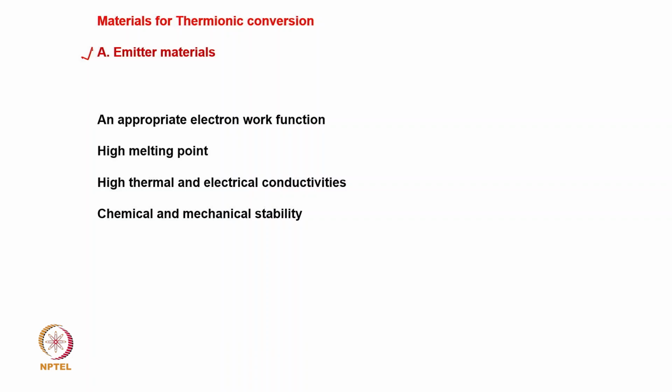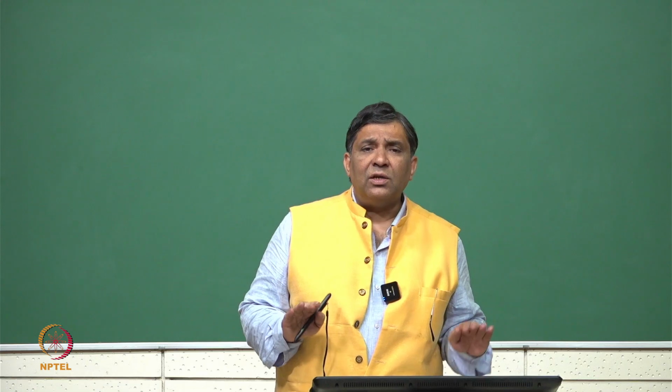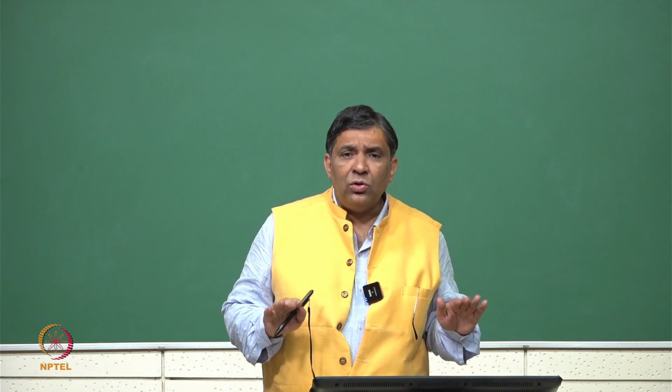So, what is the most important property that I told for an emitter material? It is an appropriate electron work function. When we say appropriate electron work function, we mean that when we optimize the work function, it should be relatively low.